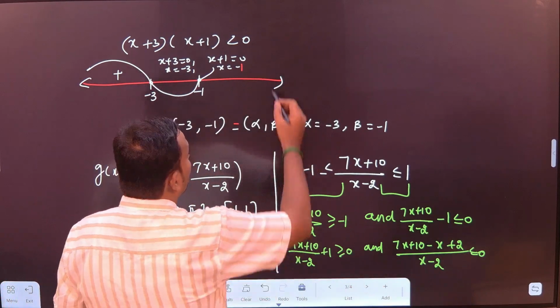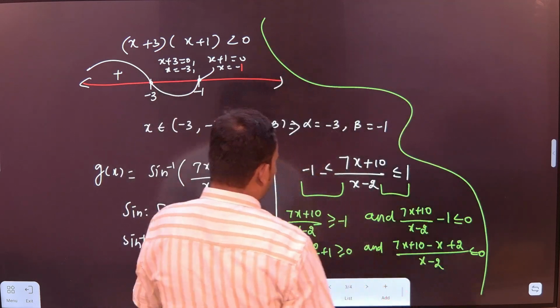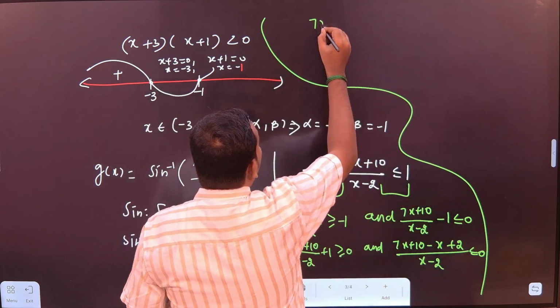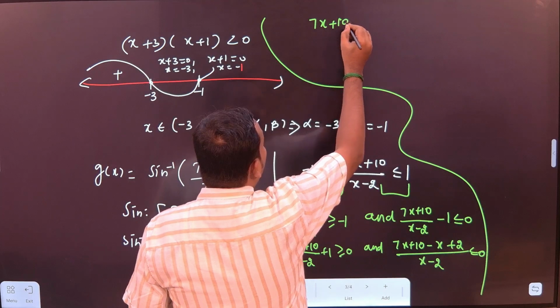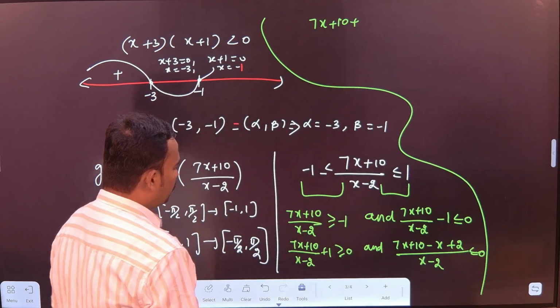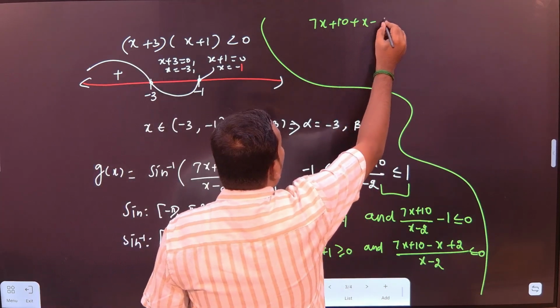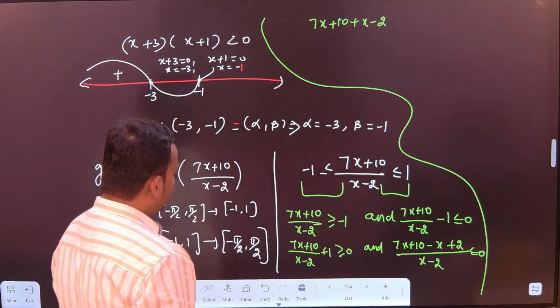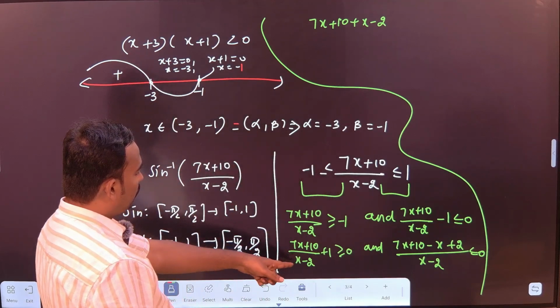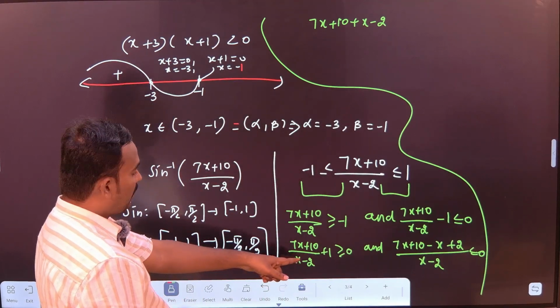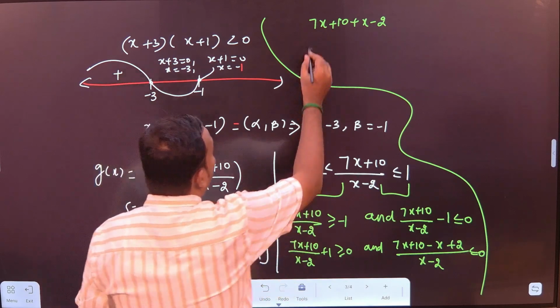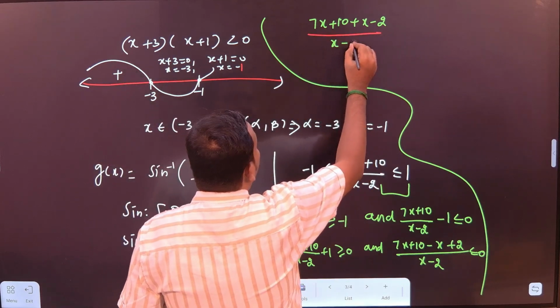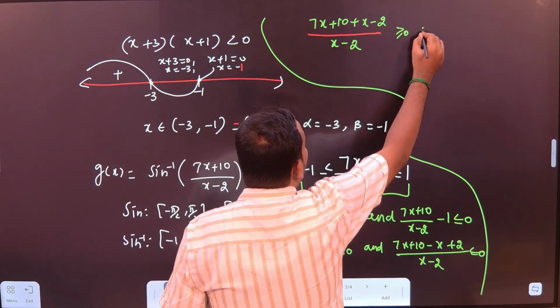If you take the first term, 7x plus 10 plus, taking the LCM x minus 2, 1 into x minus 2 is x minus 2, divided by x minus 2 is greater than or equal to 0.